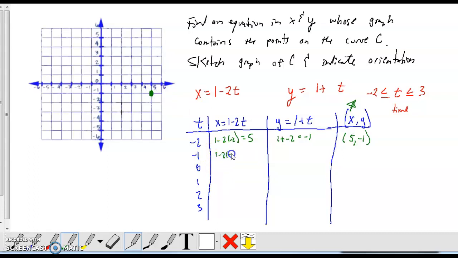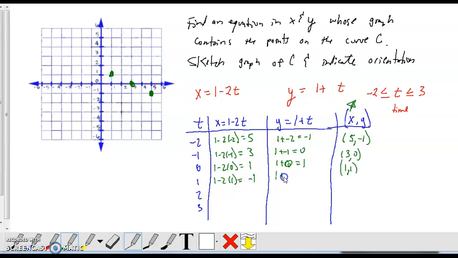And then I'm going to repeat this process. So 1, -2, -1. All of this is going to give me 3. And then 1 plus -1 gives me 0, so 3, 0. So notice that I'm going in this direction now. Okay, so I definitely will be adding some arrows in just a second. I'm going to plot all my points. So this will give me 1. Oops. It will also give me 1, so 1, 1 is right there.